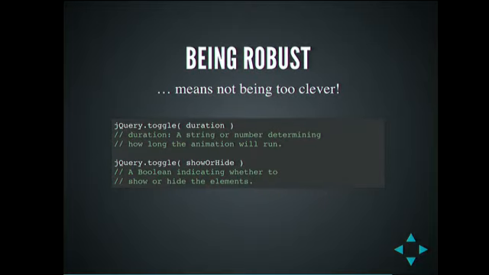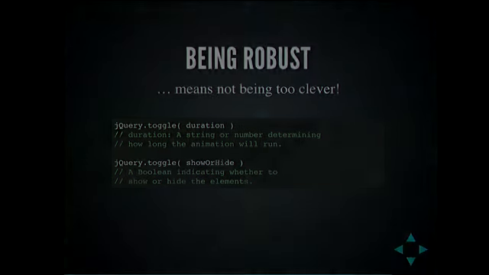Being robust also means not being too clever. You know, in Java, there's method overloading. In JavaScript, we don't have that, so we only have one method. But we can dynamically check what the function signature actually looks like.